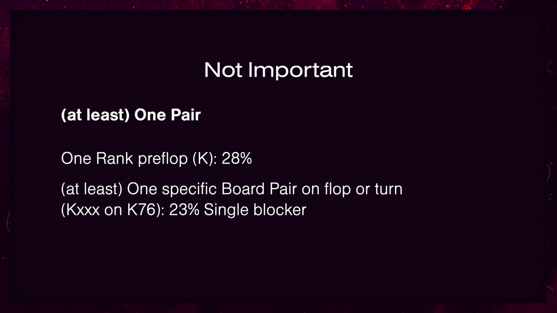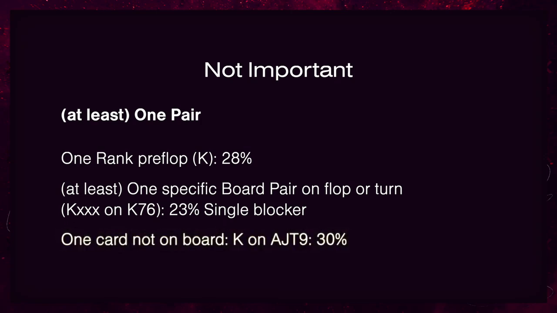And similarly, if you want to figure out how often somebody has a card that's not on the board, on a board of ace, jack, 10, 9, how often does somebody have a king? It's about 30%, because those are anti-blockers effectively. That covers everything as far as categories that I use when I'm breaking down hands and trying to figure out how often my opponent has different things, how often I have different things.